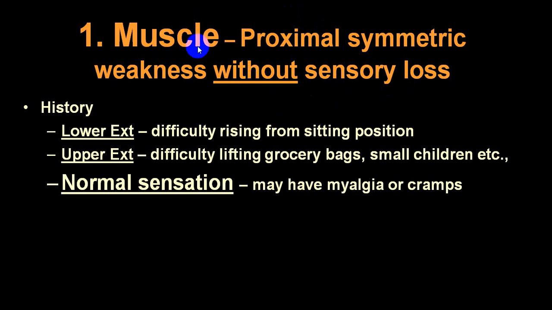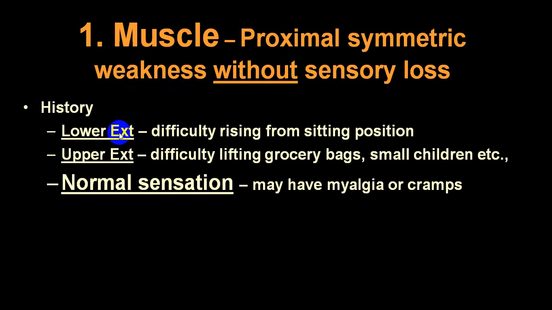Usually, a good number of times, pure muscle involvement is symmetrical and without sensory loss. So whenever a person comes with muscle involvement and there is no sensory loss, we try to find out what type of muscle involvement it is. Is it symmetrical or asymmetrical? And in that also, proximal or distal?